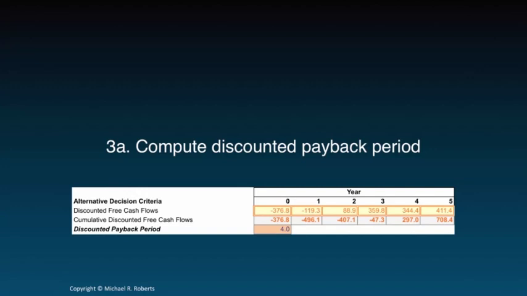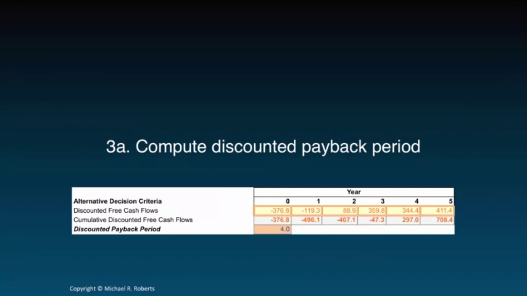And so on this slide, I've computed those discounted free cash flows using our cost of capital of 12%. And then I accumulate them and count until they turn positive, which is right here in year 4. So our discounted payback period is 4, which is greater than our payback period of 3.